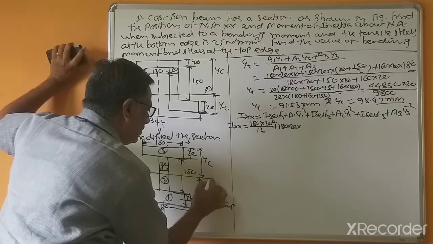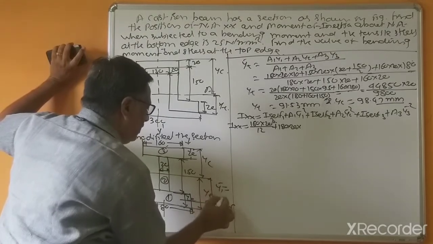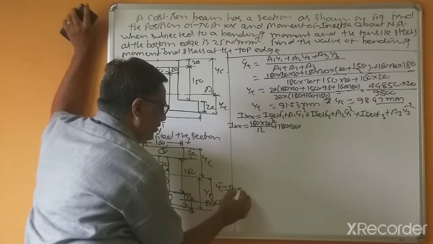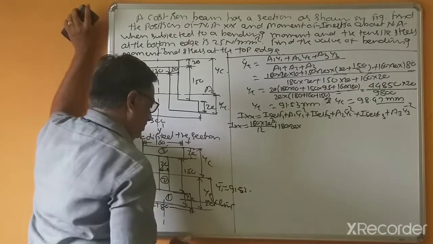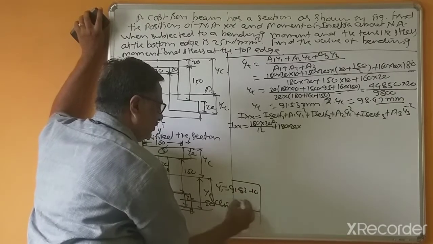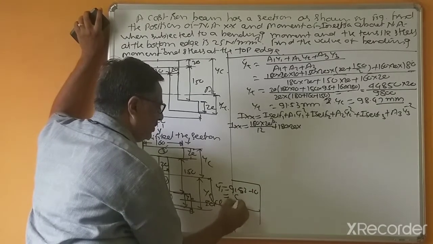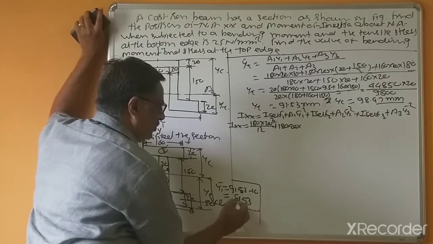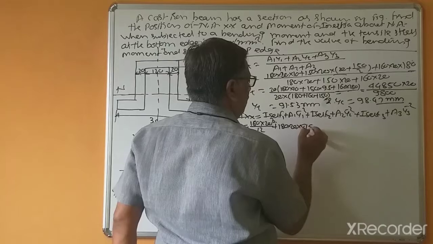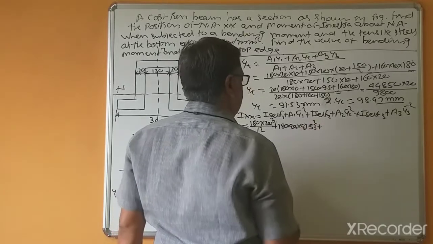Now y1 bar equals YT minus 10, that is 91.53 minus 10, which is equal to 81.53, so 81.53 square.